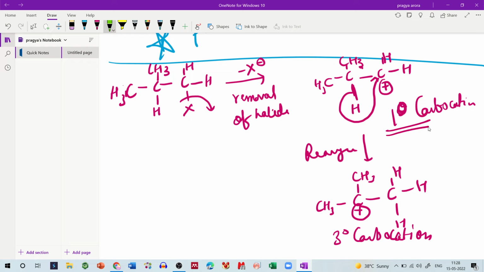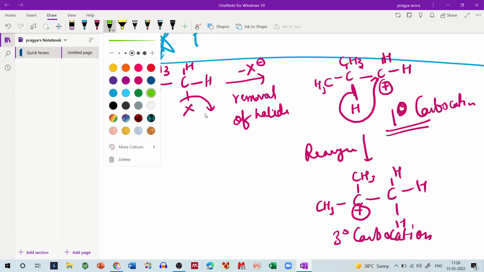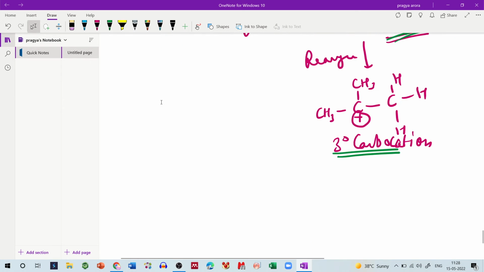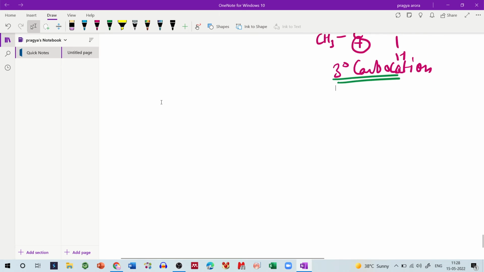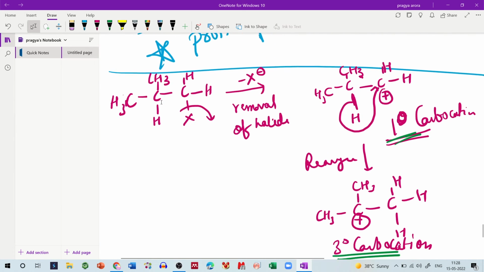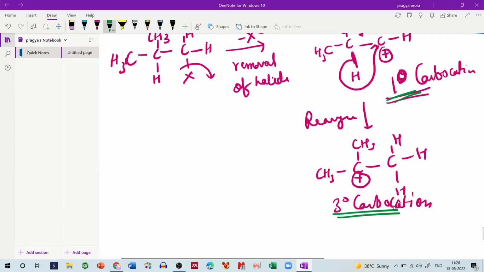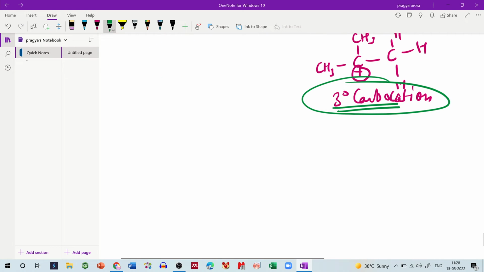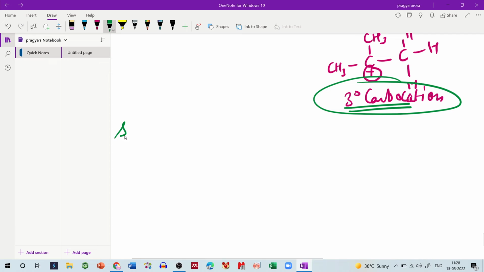Here is only a primary carbocation, and the other one generated after rearrangement is a tertiary carbocation. So, rather than the attack of the nucleophilic base on this primary carbocation, the reaction will happen with the tertiary carbocation. Rearrangement will happen.